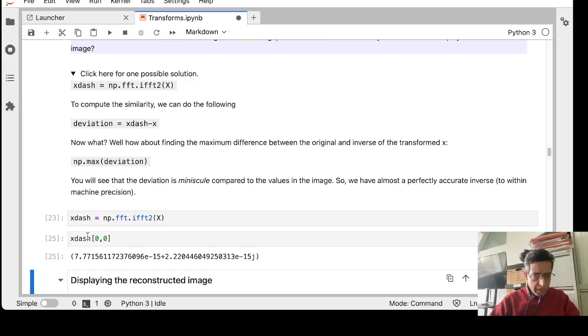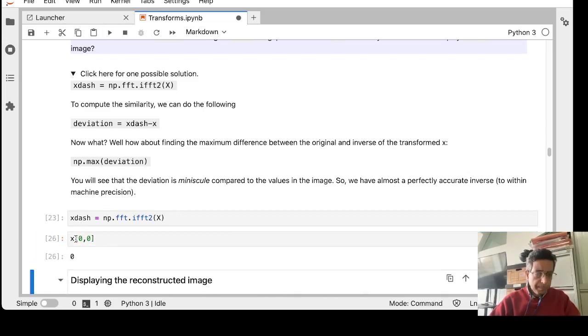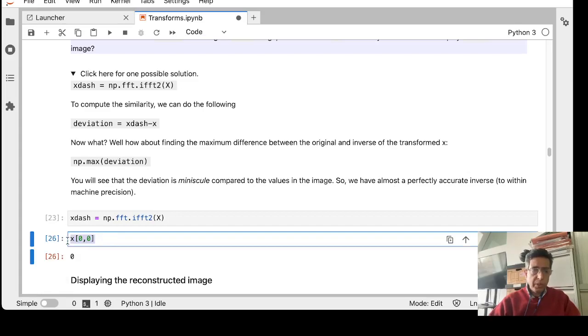What does the original pixel at that location look like? The original pixel at that location is 0, 0. So what we've seen is that we're not getting exactly the same values back when we take a forward and inverse discrete Fourier transform. Instead, there's a bit of numeric error.